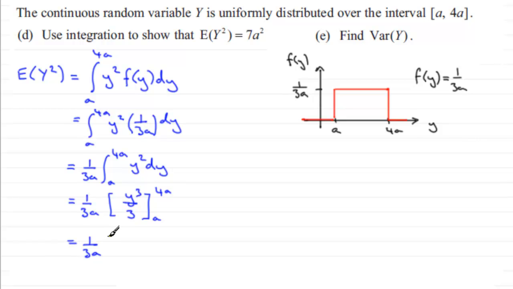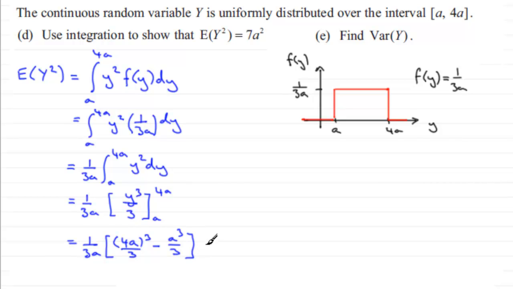So I've just got to substitute our values in. We'll start with 4a, so you've got 4a all cubed over 3, minus a cubed over 3.